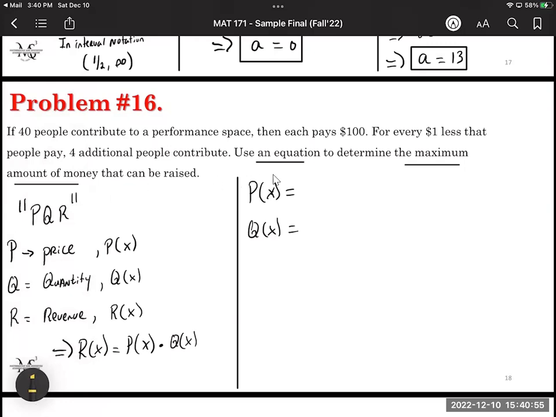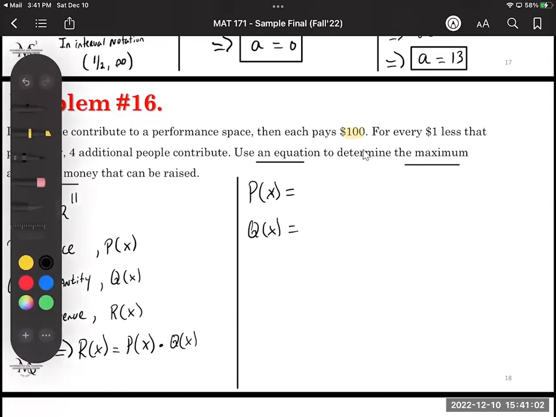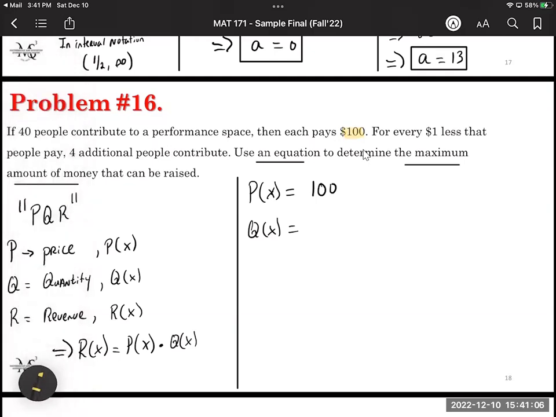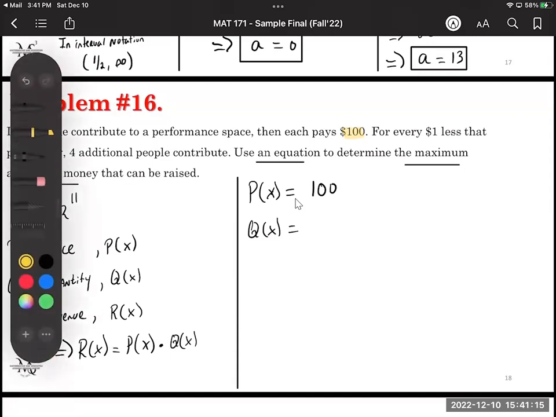The $100, that's right. My price function begins with the number 100. On the other hand, what is the initial quantity? How many people are we beginning with? 40, that's right. So the price function starts with 100, and the quantity starts with 40.